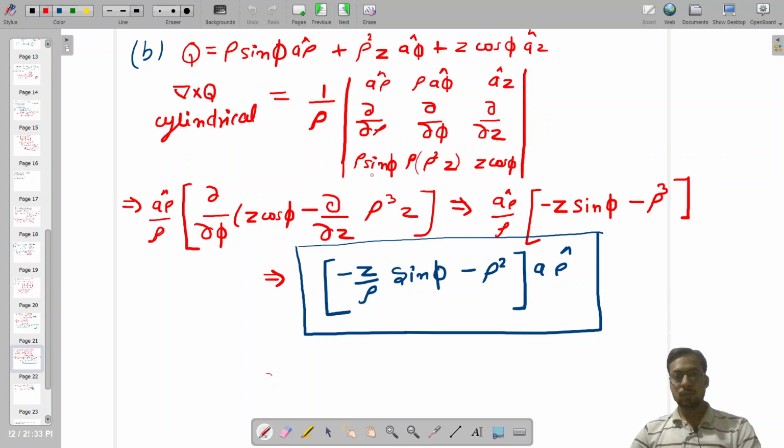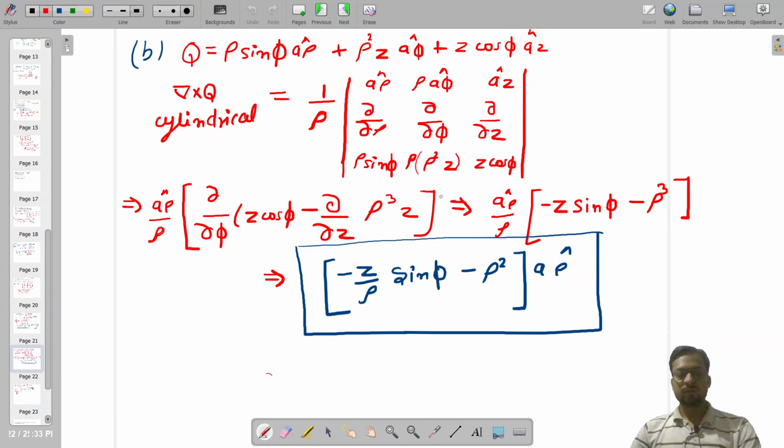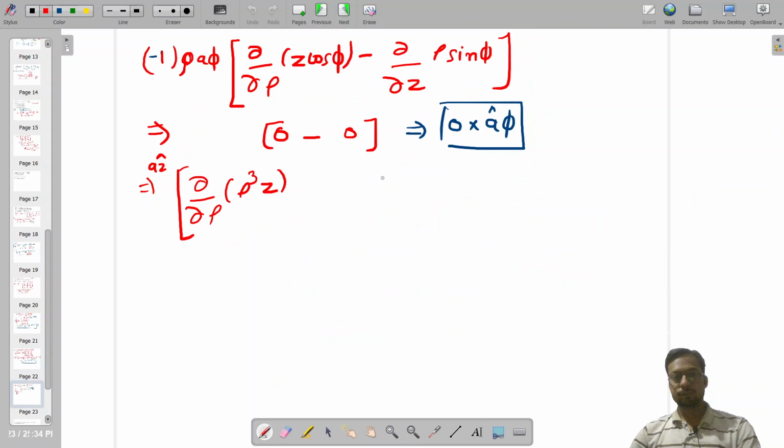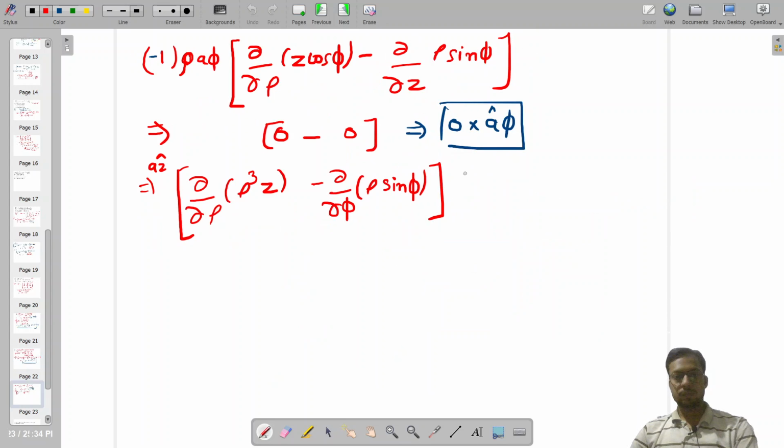So del upon del rho of rho cube z minus del upon del phi of rho sin phi, for the az term.